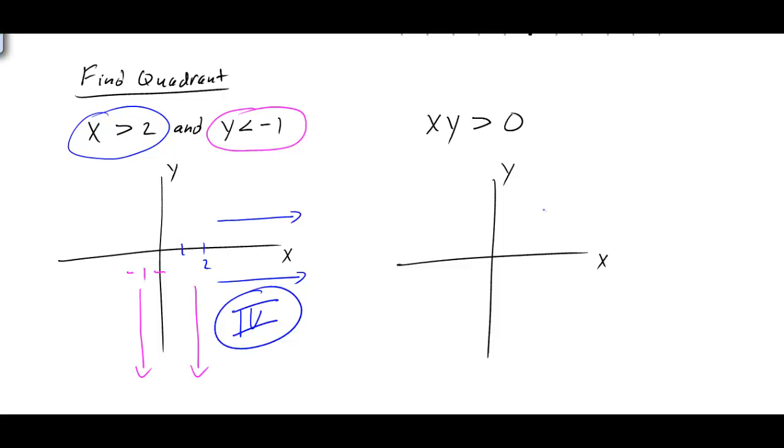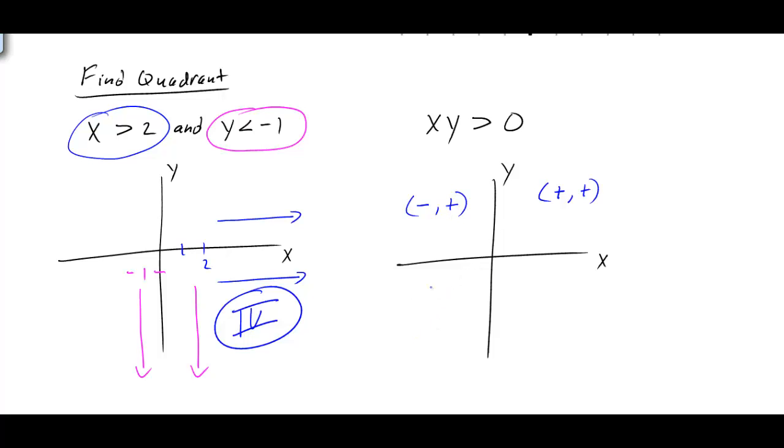So if we're in the first quadrant, then your x coordinate is positive and your y coordinate is positive. If we're in the second quadrant, our x coordinate is negative and our y coordinate is positive, because we're going to the left and up, so it's negative and positive.